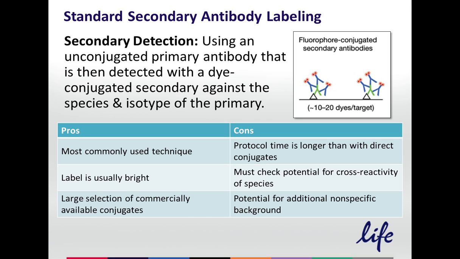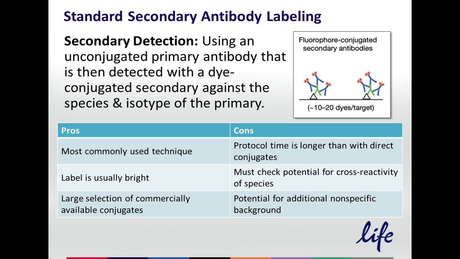There's about 10 to 20 dyes per target once you've done the secondary labeling. And there's a large selection of commercially available conjugates for secondaries. Again, on lifetechnologies.com, there's an antibody selection tool for secondary antibodies that we have.